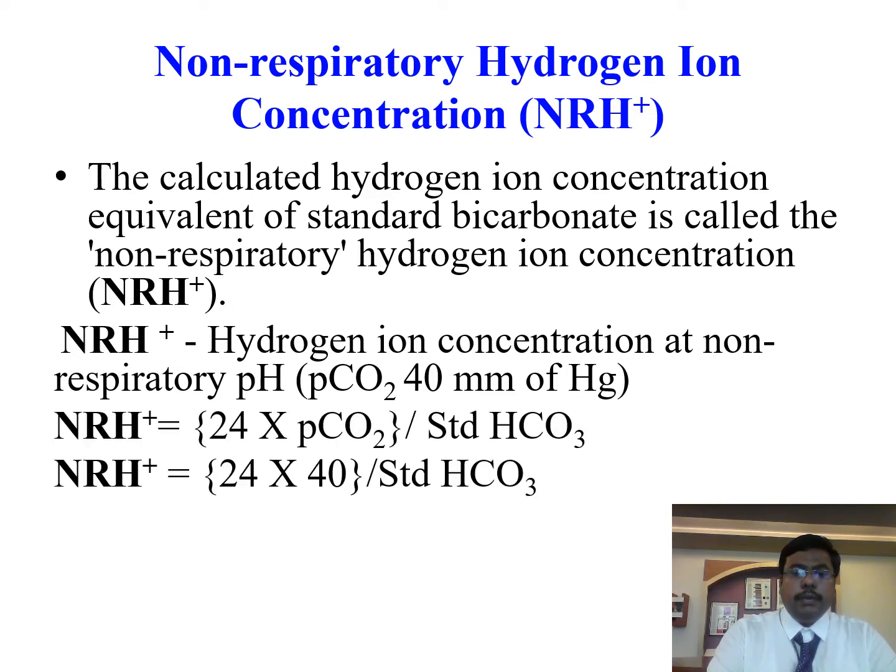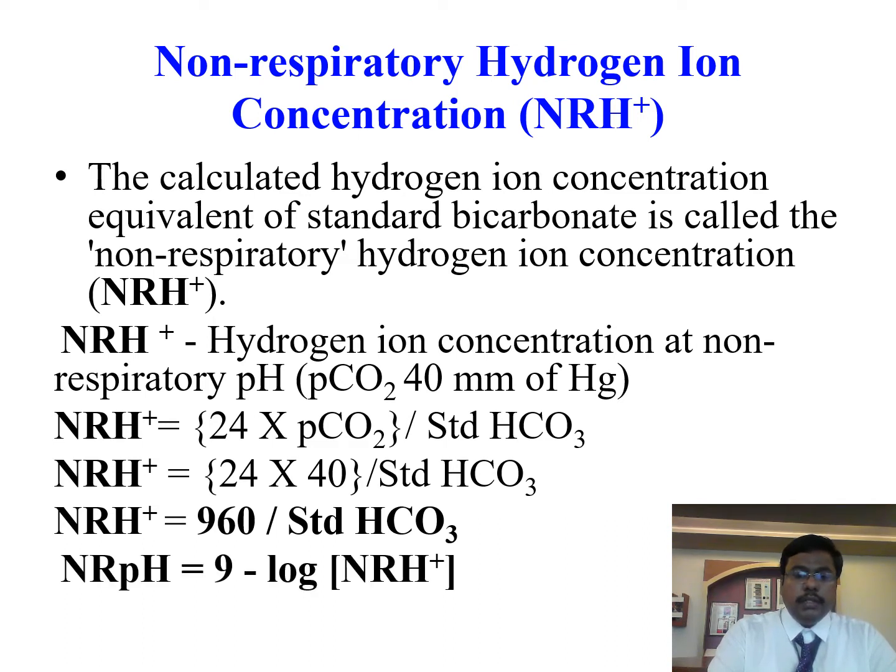Using the same modified Henderson equation, 24 into PCO2 divided by bicarbonate, you substitute standard bicarbonate, and in the place of PCO2 you substitute 40. NRH plus is equal to 24 into 40 divided by standard bicarbonate. So NRH plus is equal to 960 divided by standard bicarbonate.